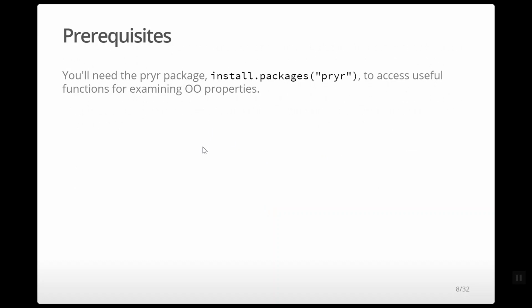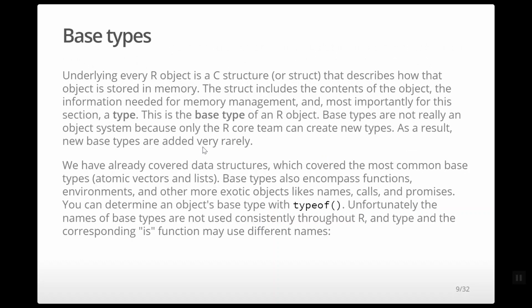We can install this package pryr to learn a little bit about the object-oriented systems or properties, but I think the only time I use this package is for this lecture. So if you're curious about the objects and all of that, then it's a good thing, but we probably don't use it too often.